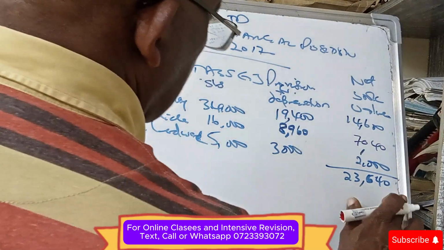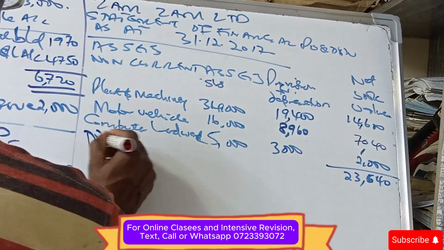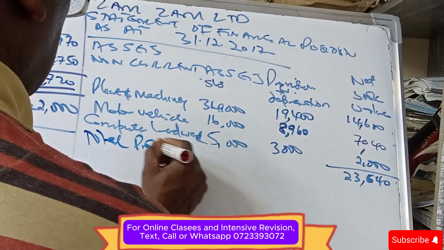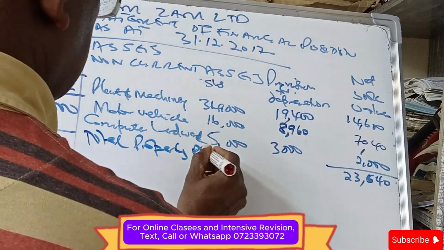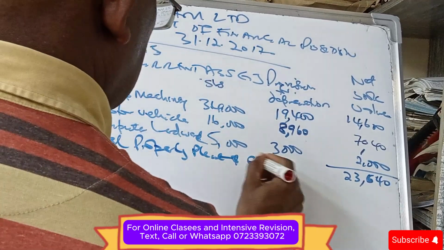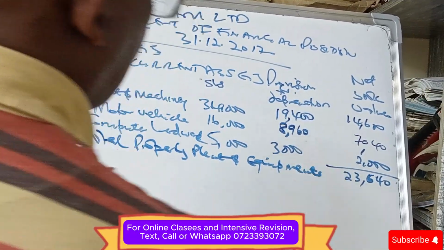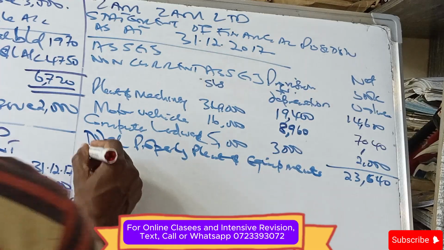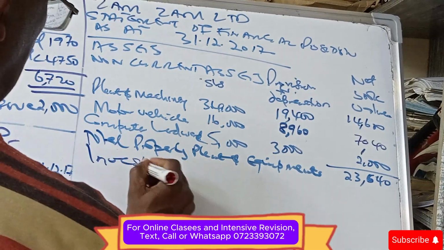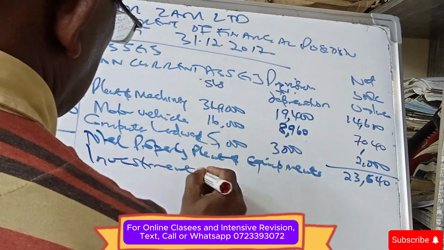Total property, plant and equipment, the tangible non-current assets. But we have an investment in group company, in company shares.